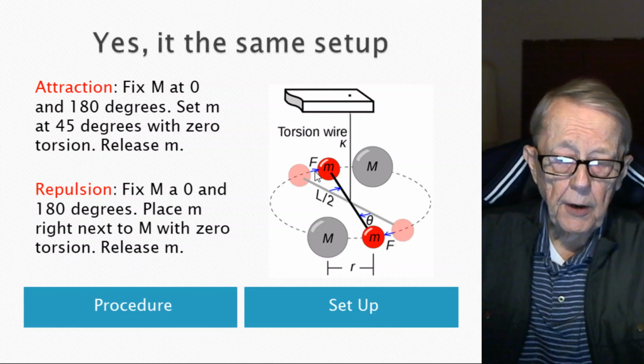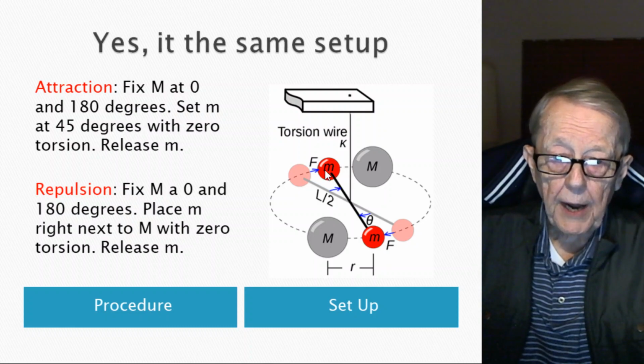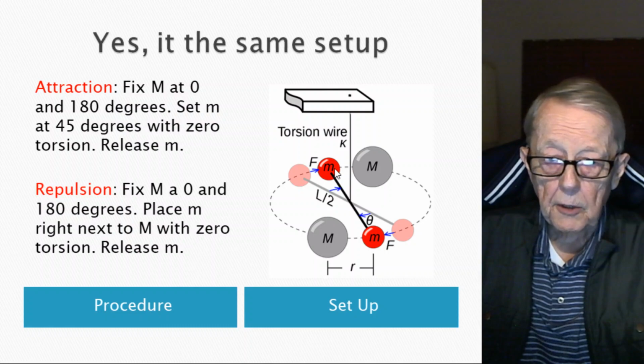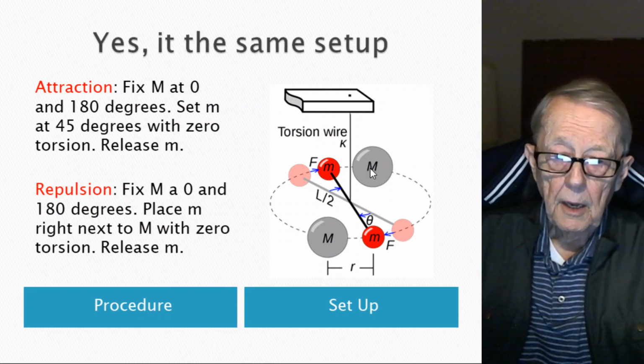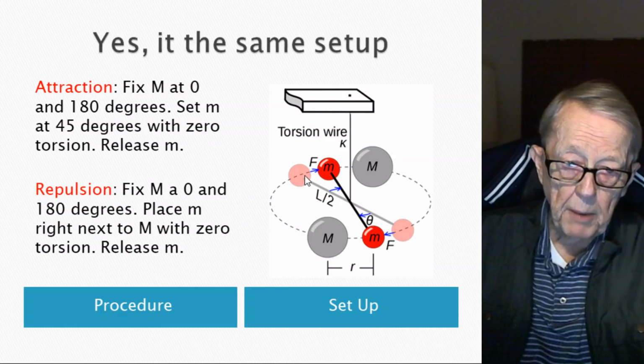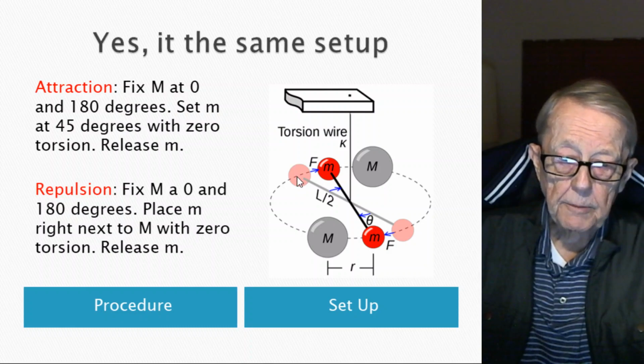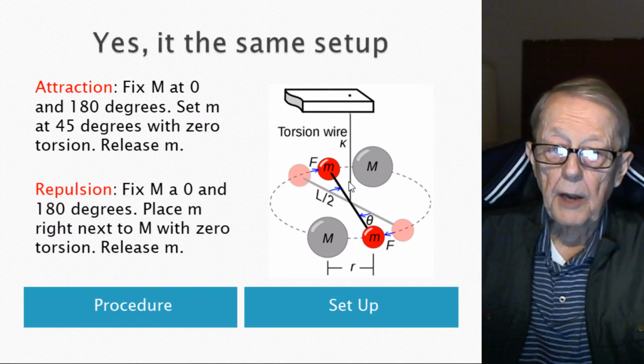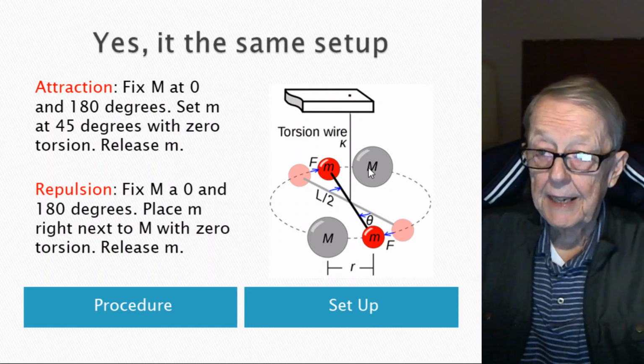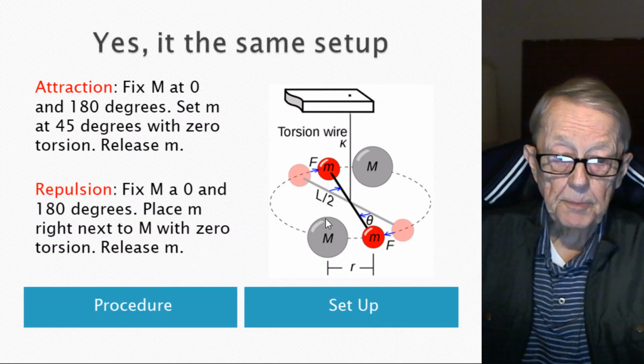And you set it there and you release it, and the magnetic attraction is going to pull on the magnetic ball, and the torsion is going to pull it back because this is a neutral point. And you can now equate the torsion force to the magnetic force and get some kind of answer.